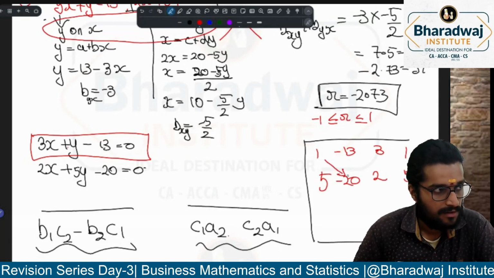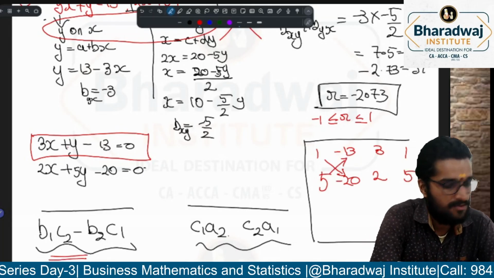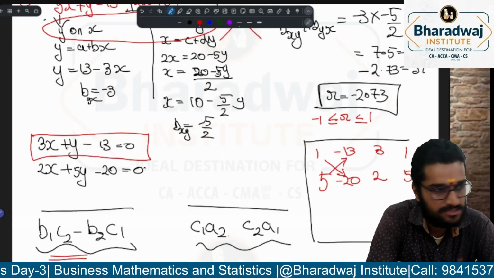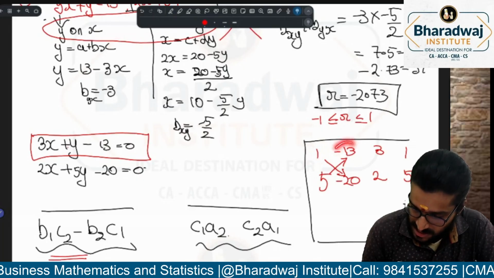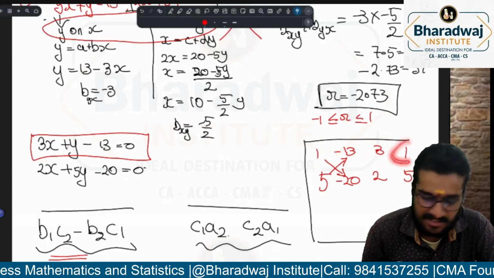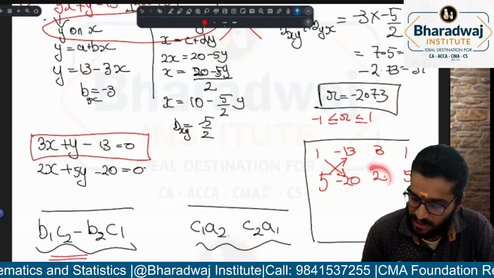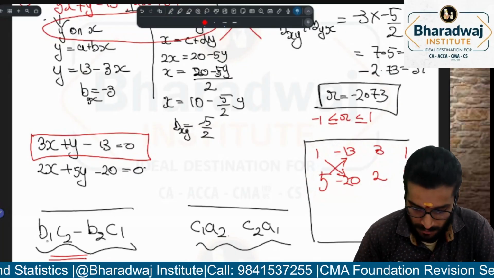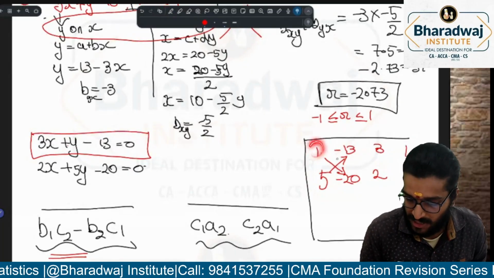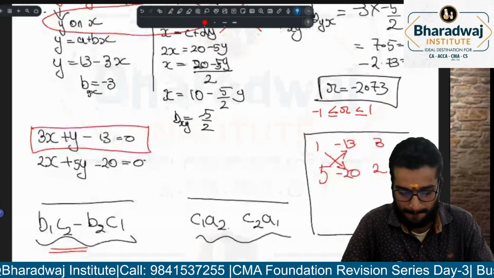Multiply, minus this, which will give you the answer of B1 C2 minus B2 C1. Obviously, this is A1, B1, C1, and this is A2, B2, C2. Now, B1 times C2 minus B2 times C1.